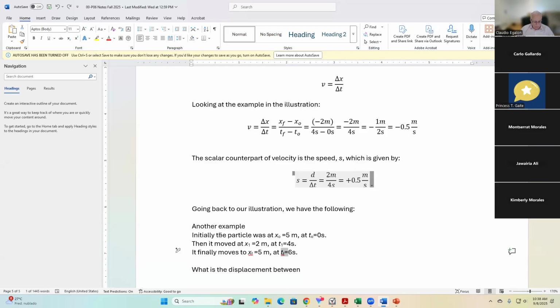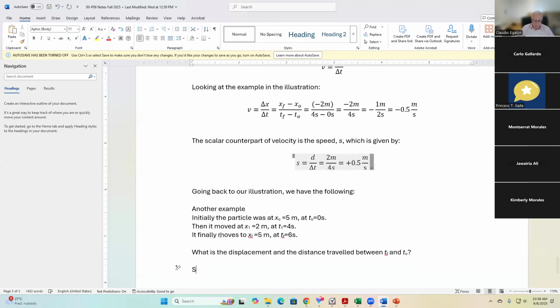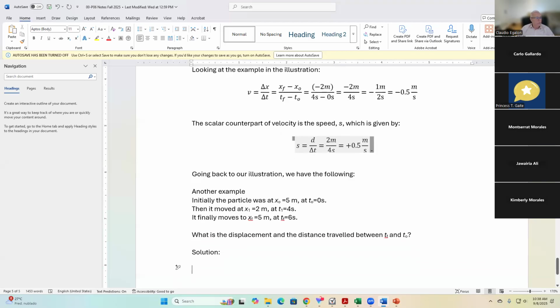Now we want the displacement and the distance traveled between TF and T naught. Solution. Let's do the solution, then we go for a break, okay?